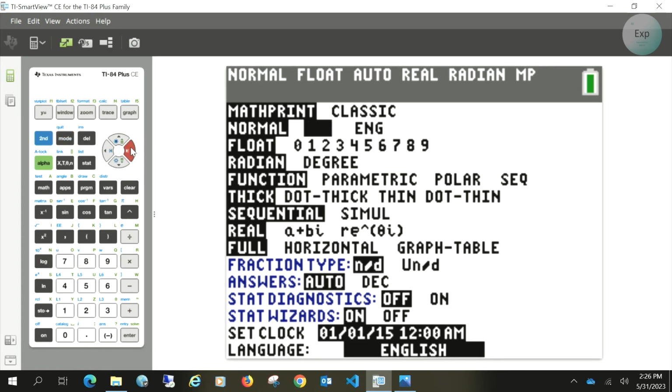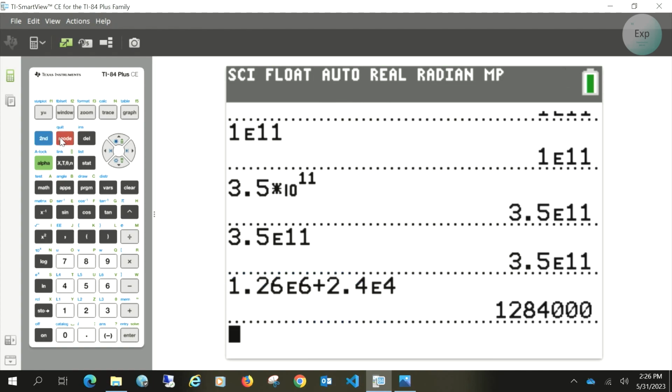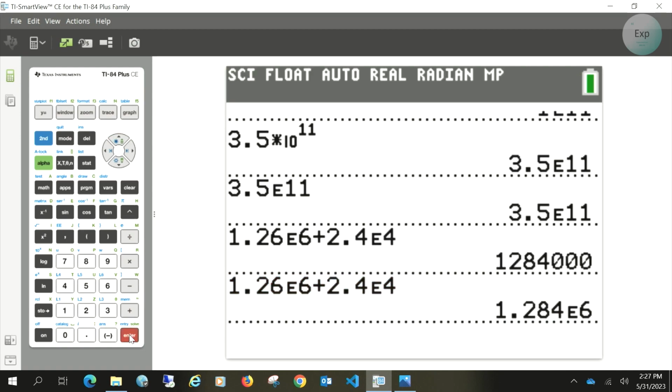If I scroll over to scientific mode and hit enter, and then come back, now when I do this calculation again, you'll see I get my answer of 1.284 times 10 to the 6th power. And that is the same answer that I see here.